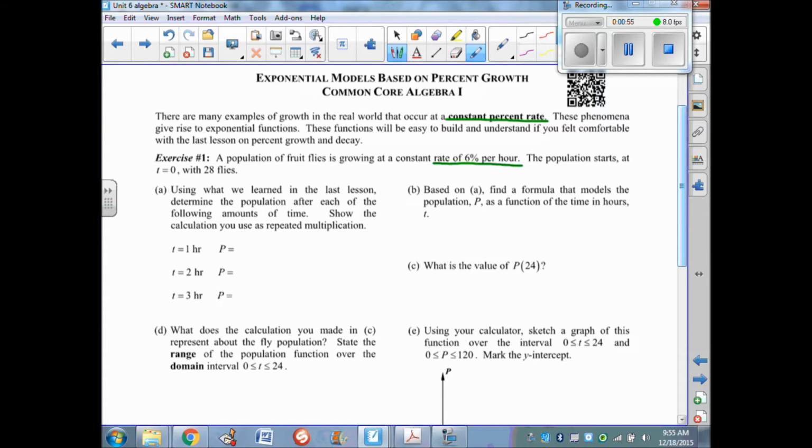The population starts at t equals 0, that's our time, with 28 flies. So this is our starting point. And this right here is going to be our growth rate. And then this back here I said was our time.